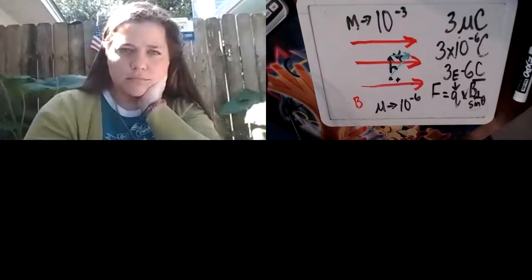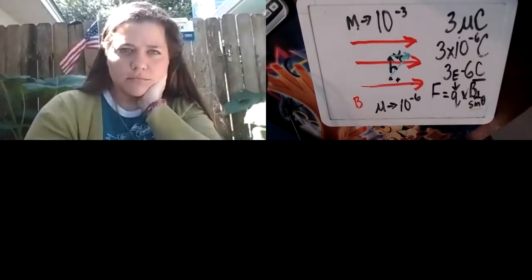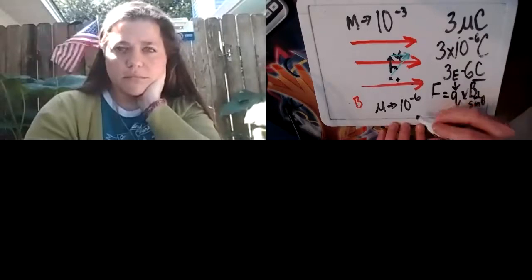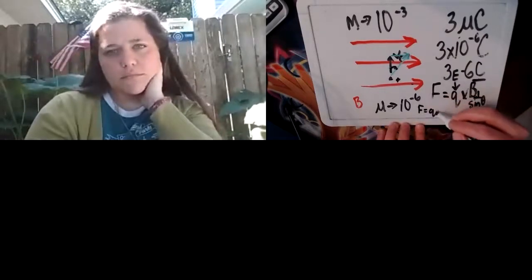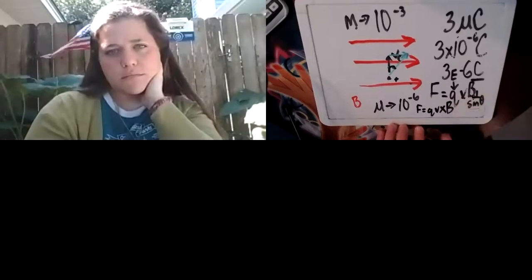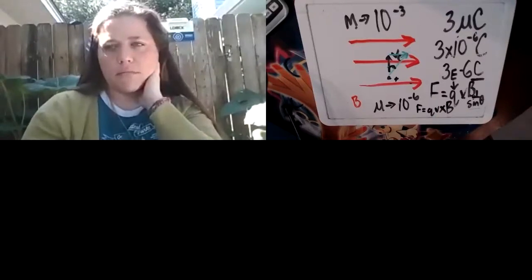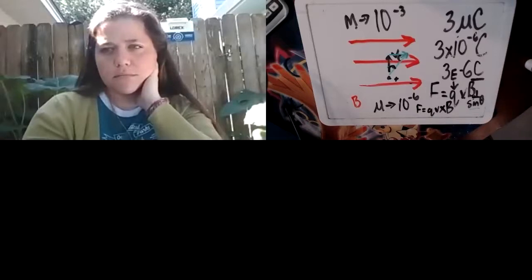If you look on the AP Physics 2 formula chart, they list it as QVB sine theta. But on my AP Physics C formula chart, they do it a little bit differently. They do F equals QV cross B, where they introduce the idea that you want perpendicular components with the cross product as opposed to a dot product. So you just want it to be the perpendicular component.